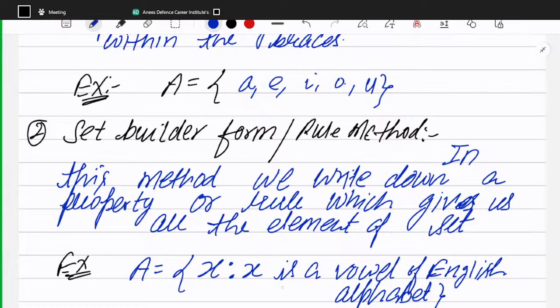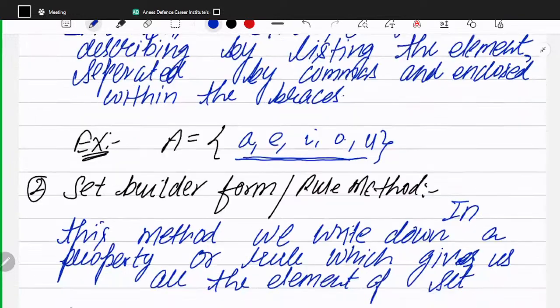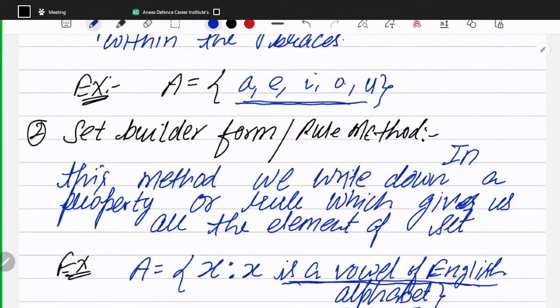So here I have written the property of the elements of a set. I can write the property of all elements, which is common. x represents all these elements. Clear?